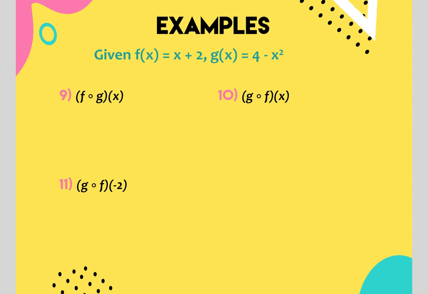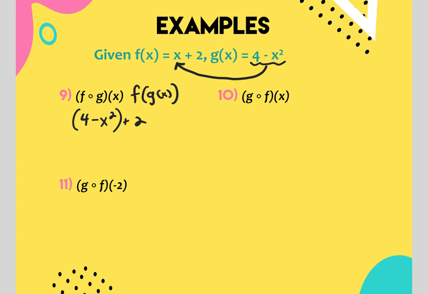So 9 says f of g of x, which says take the g of x, so it could be rewritten as f of g of x like this. The g of x gets plugged into the x of the f of x. So I get 4 minus x squared plus 2, because this is where the x was.